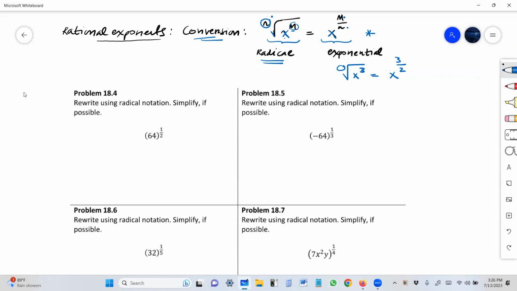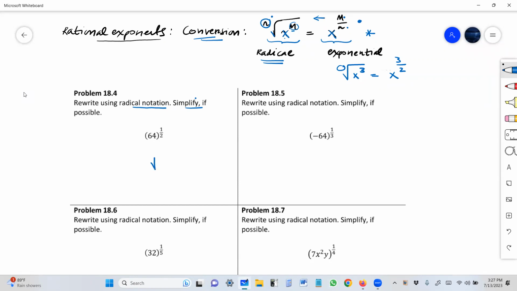So for example, like in problem 18.4, we write using radical notation, simplify if possible. Sometimes it's going to be possible to simplify, sometimes it will not be. So notice that in this case, I am given the exponential format, the one that's on the right, and I need to go to a radical format, the one that's on the left.